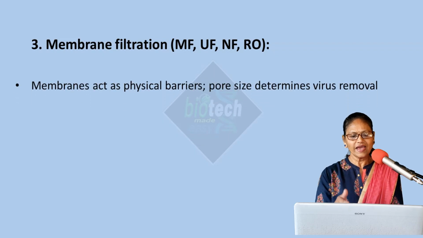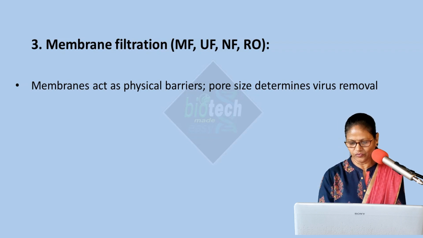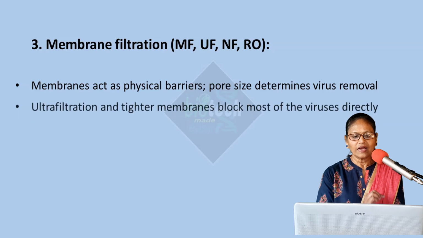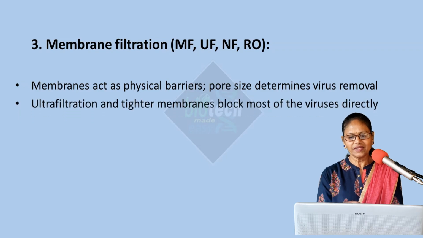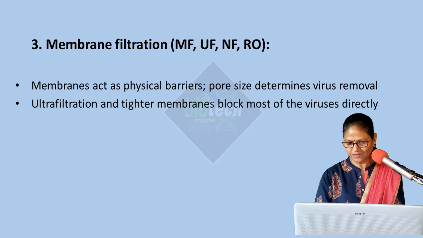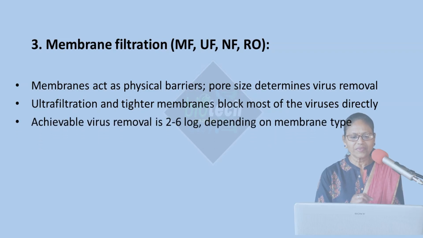These membranes act as physical barriers, and as I said, the pore size determines the viral removal. Ultrafiltration and tighter membranes block most of the virus directly, because ultrafiltration, nanofiltration and RO are better, so they can block most of the viruses.